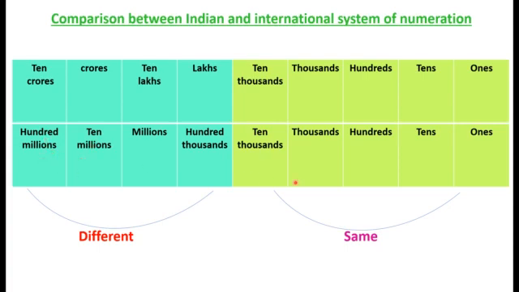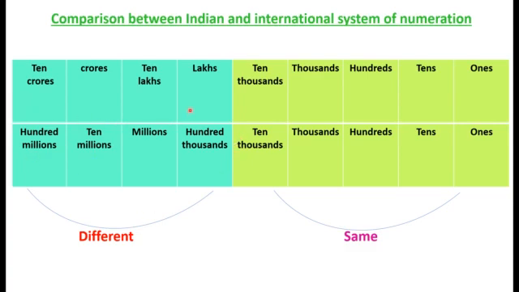So children, you can see here that up to 10,000, the places are the same in both Indian and international. But from the lakhs place, it changes in the international system of numeration. As you can see, 1 lakh is equal to 100,000, 10 lakh equals 1 million, 1 crore equals 10 million and 10 crores equals 100 million.